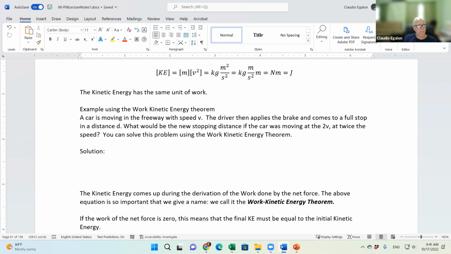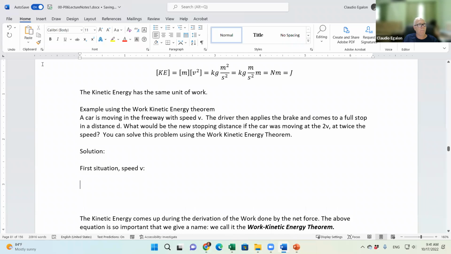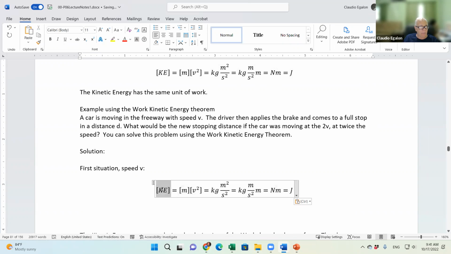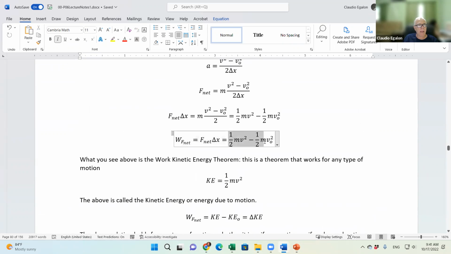I'm going to give you a little hint. First situation, speed v. The work of the net force is going to be given by, let's write down this one here.